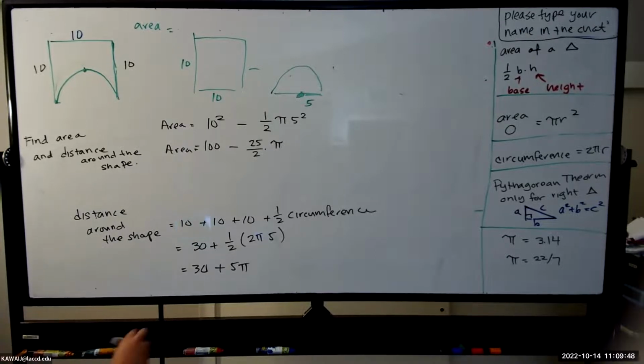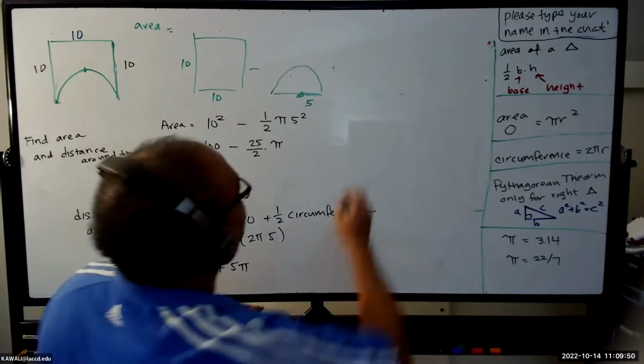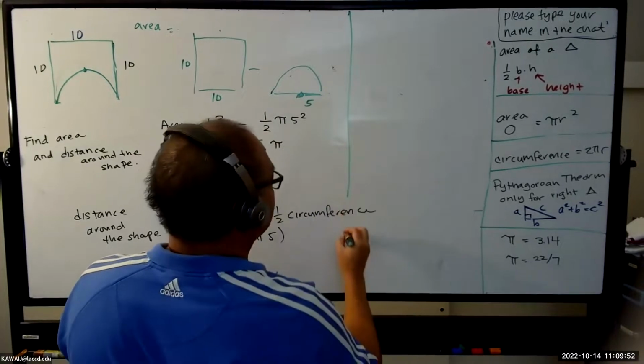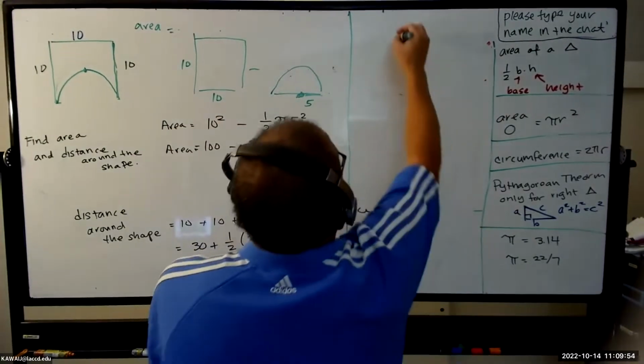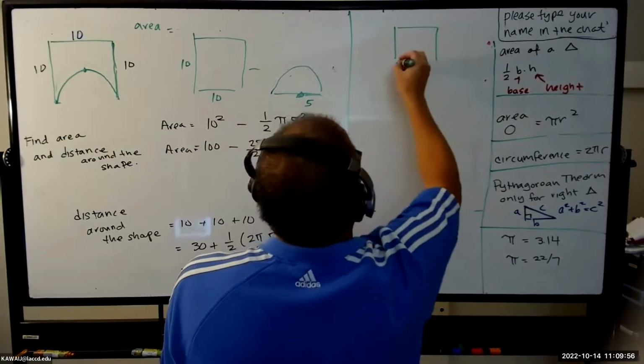Okay, let's do one last one, and then we'll move on to another topic. And then the homework, I'm going to give you some of these. So let me give you a square.